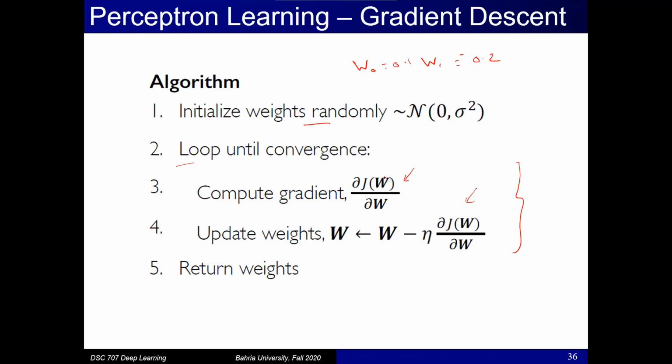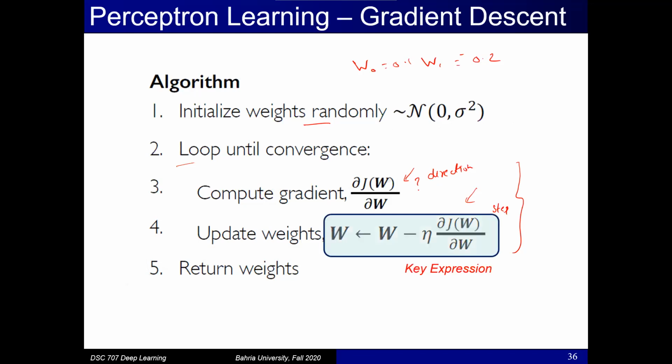I told you that you have to find the direction which will quickly take you to the ground, and then you have to take a small step. So this is finding the direction, and this is taking that step. This will keep iterating until your algorithm converges. There will not be much change in the weights, and you will stop there.